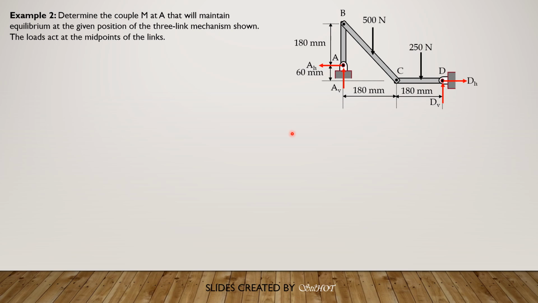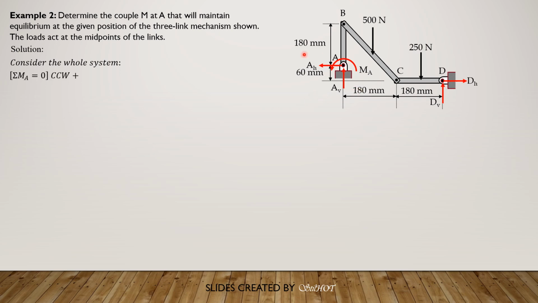Then we consider the whole system, summation moment about A equals 0. So we anticipate that the couple at A is counterclockwise because the moment of the loads are clockwise. So summation moment about A, considering counterclockwise positive, equals 0.